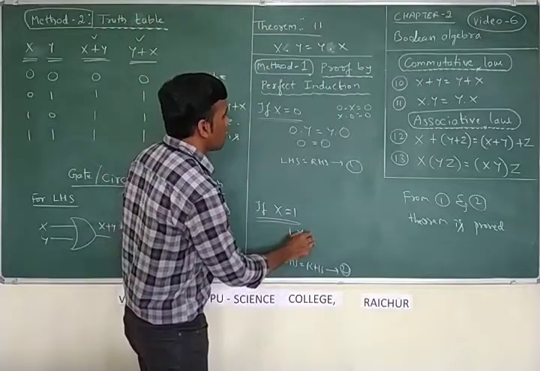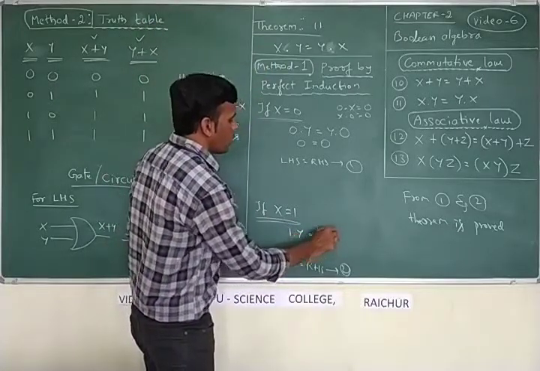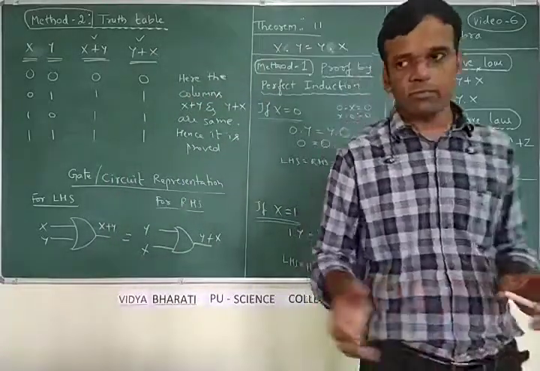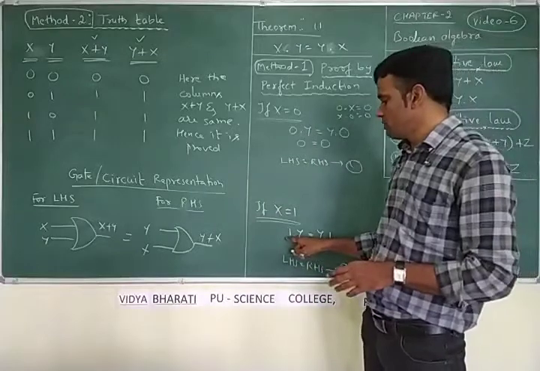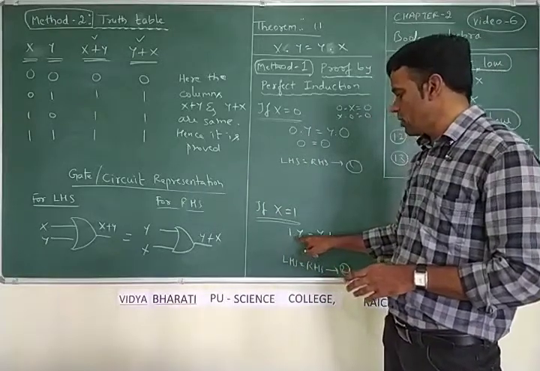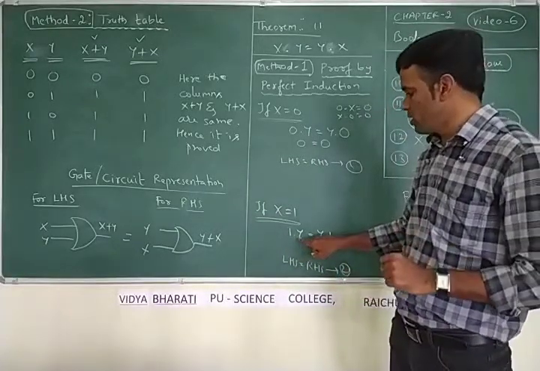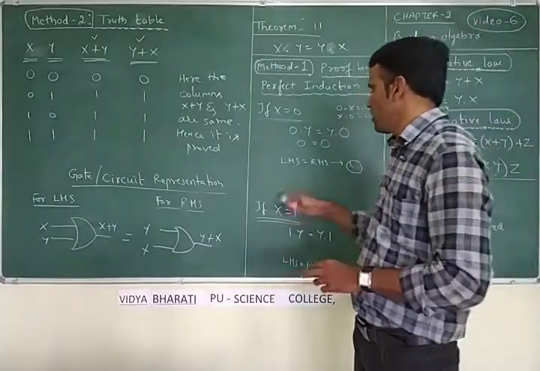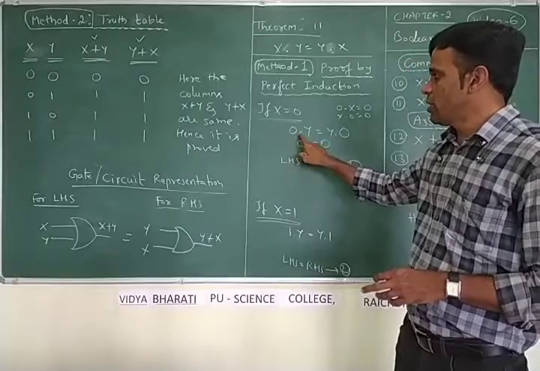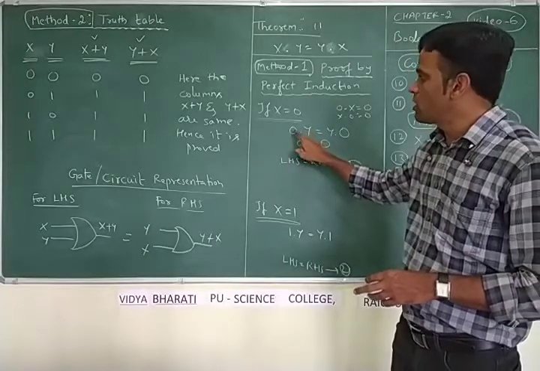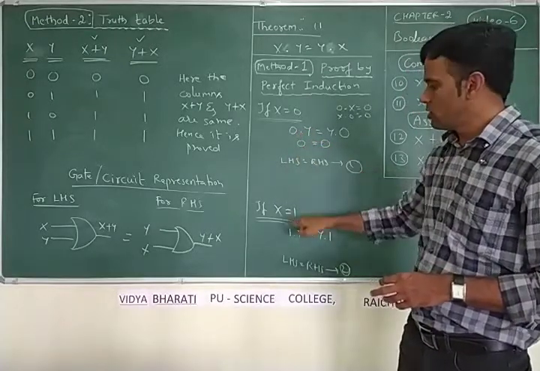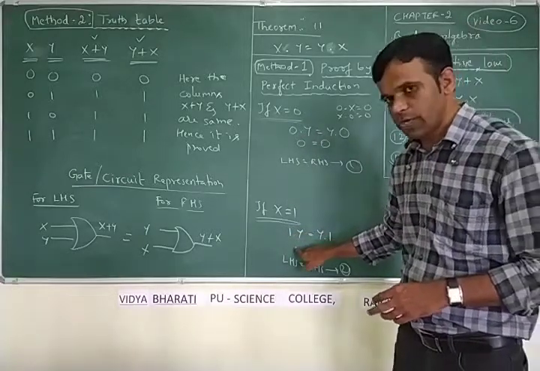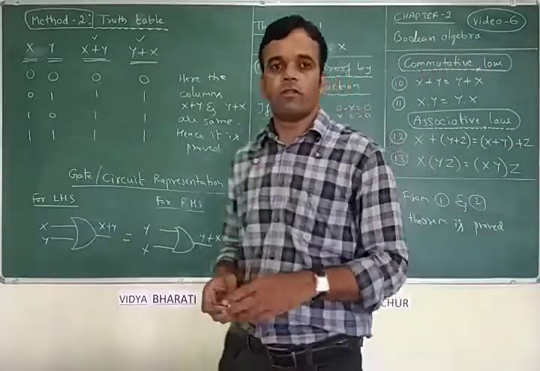The variable y equals to the variable y into 1. So as I told, when the value 1 is ANDed with a variable, answer is going to be the variable itself. But when the value 0 is ANDed with a variable, answer is going to be 0.